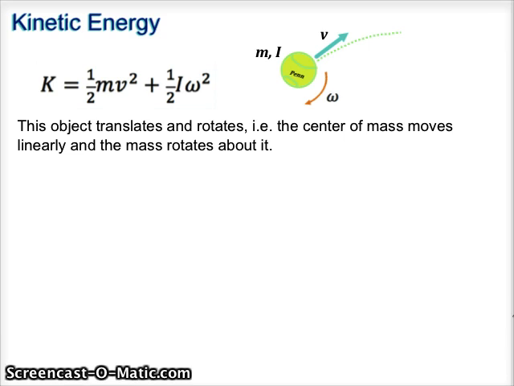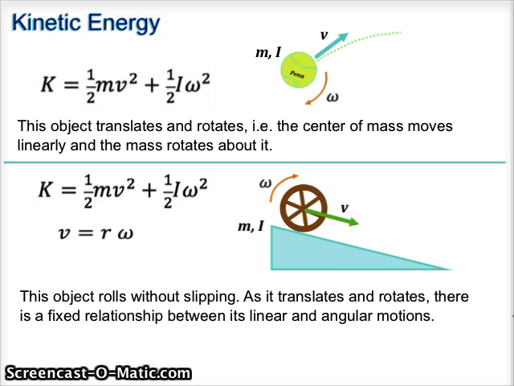It's also possible for this idea to be taken to a special case where an object is both translating and rotating, but there's a specific relationship between those two motions. This is something we'll look at more later this week. But in that case, it turns out that there's a very familiar looking relationship between v and omega.